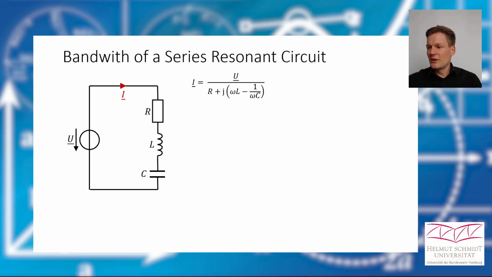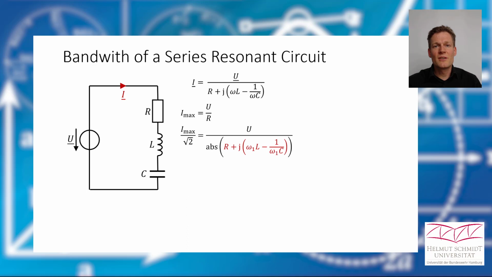Okay, so here is our circuit and the equation for our current. And we know that if we have resonance frequency, our impedance just behaves like the resistor, and therefore the maximum value of our current can be calculated like this. And now we want to find the values for omega where we have the maximum value divided by the square root of 2.